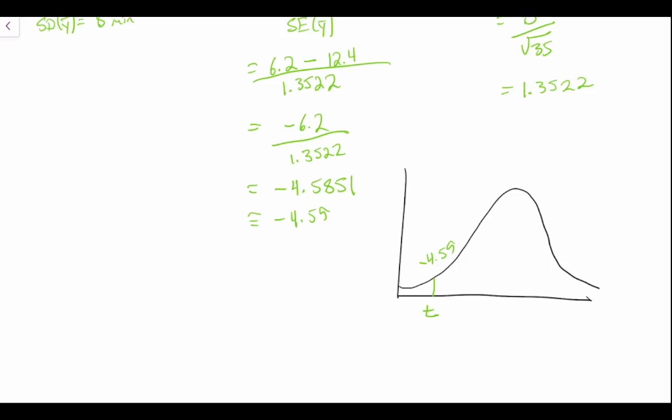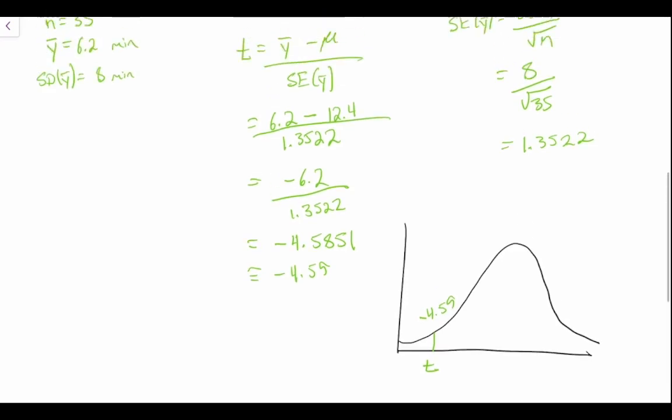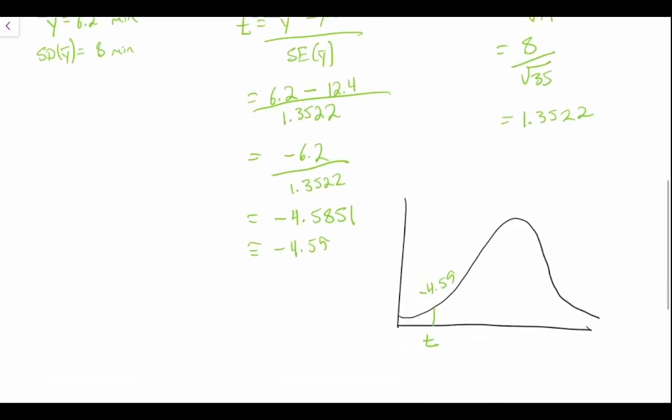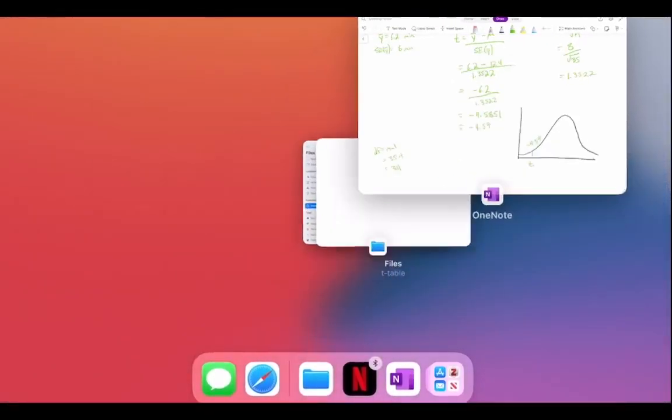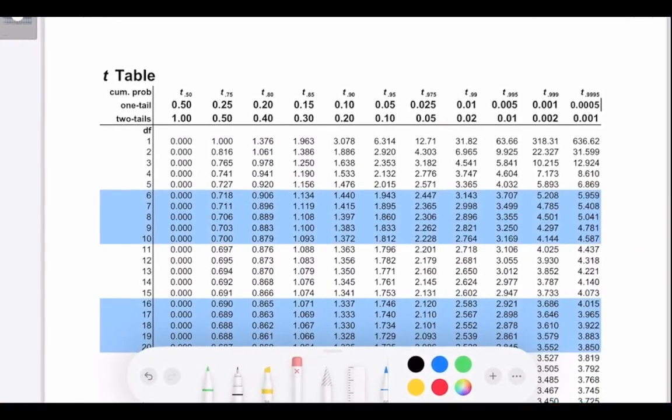So let's go ahead and look to our t-table, and we'll remember that our degrees of freedom is simply equal to n minus 1. So this is 35 minus 1, which is equal to 34. So we're going to look up our critical t-value at 34 degrees of freedom.